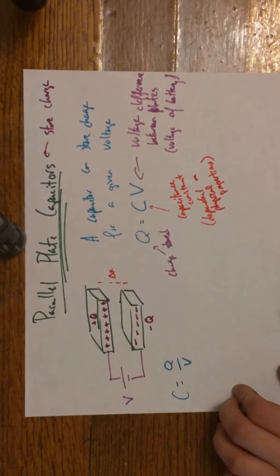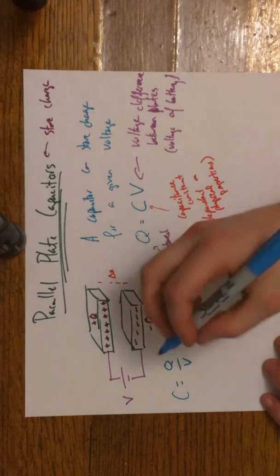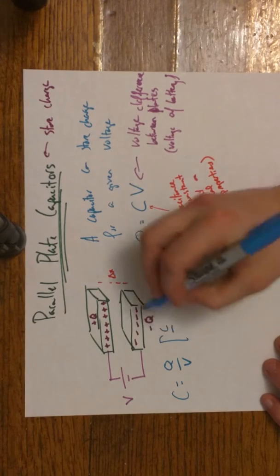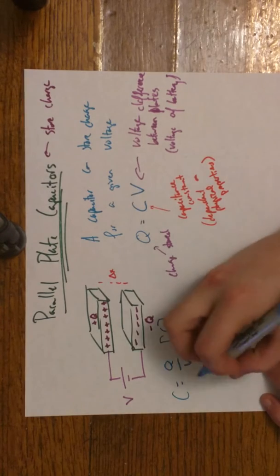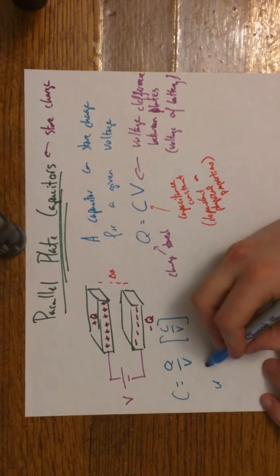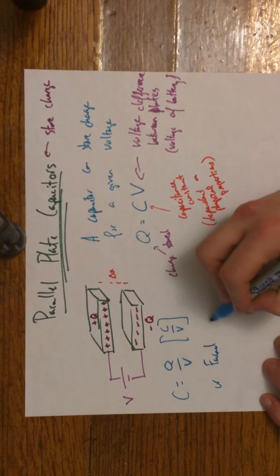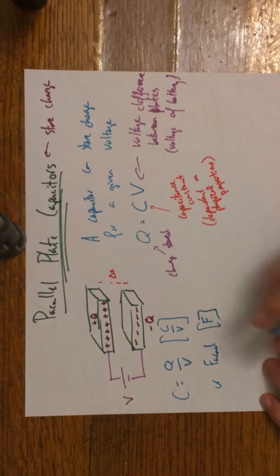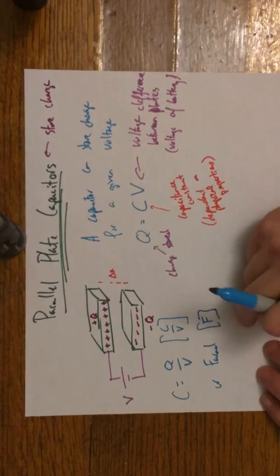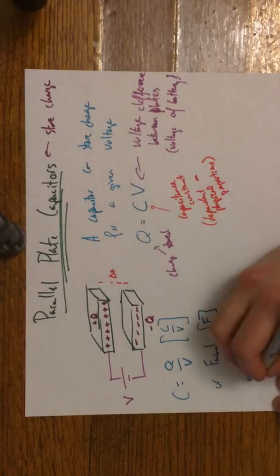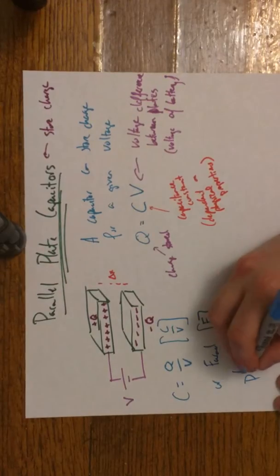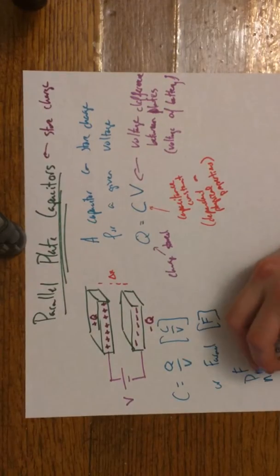Q over V. So one way of expressing this would be coulombs per volt. That's also defined as farad, which is F. So when we're talking about capacitance, we'll speak of farads. 1 farad is huge, so we'll typically talk about a picofarad or a nanofarad or a microfarad.